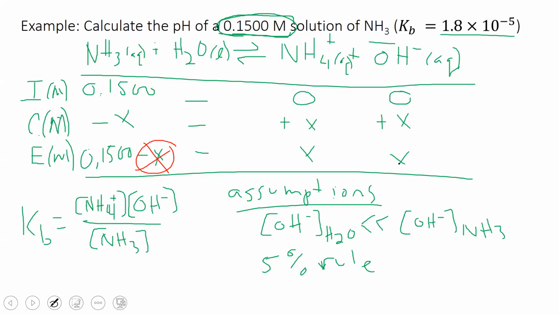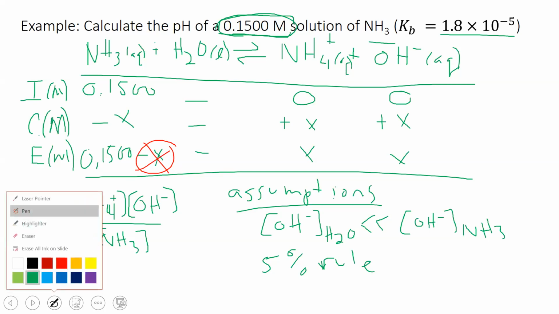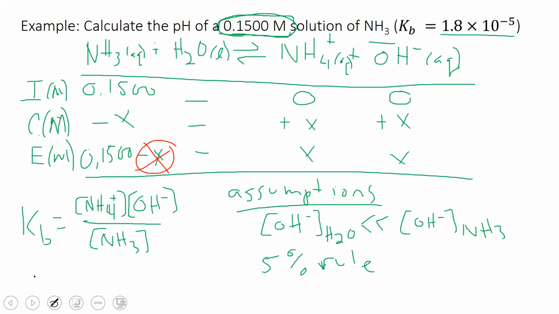But we can do the calculation for the hydroxide ion concentration, right? Because that's the next thing we're going to want to do. So that's our next step. So what we do here is we take our Kb, which is 1.8 times 10 to the minus 5.